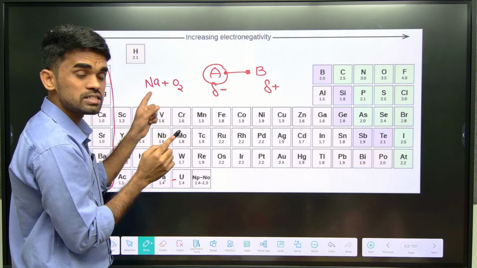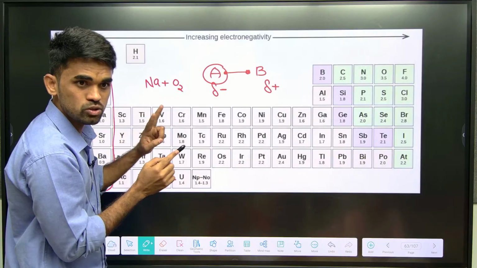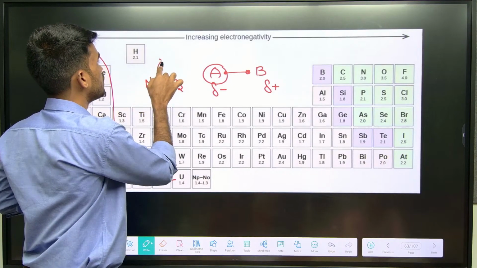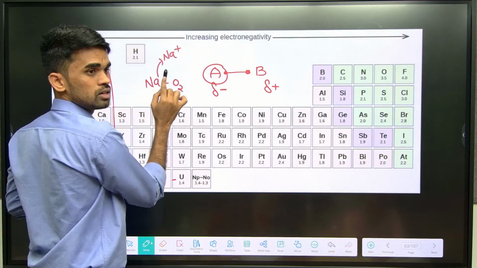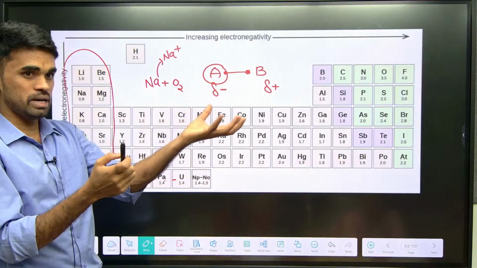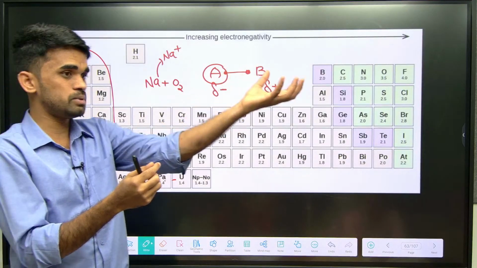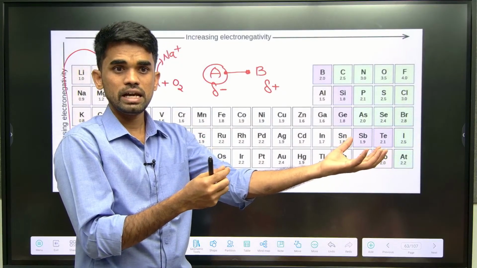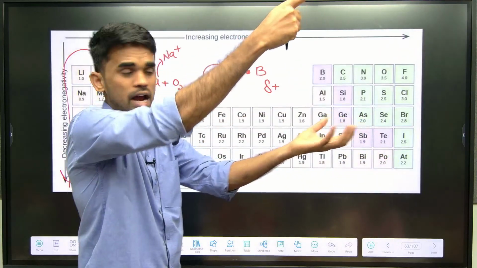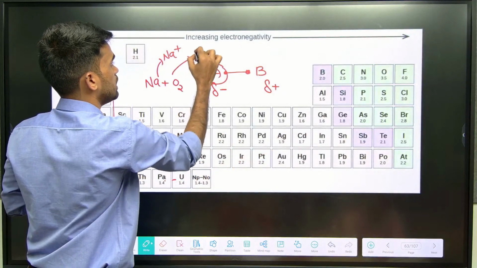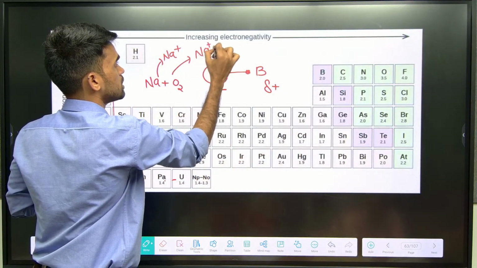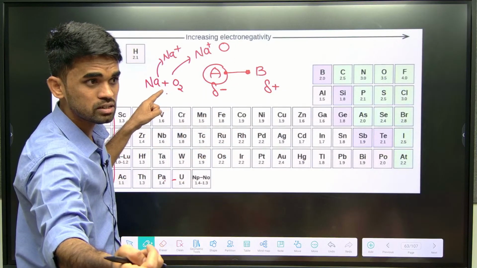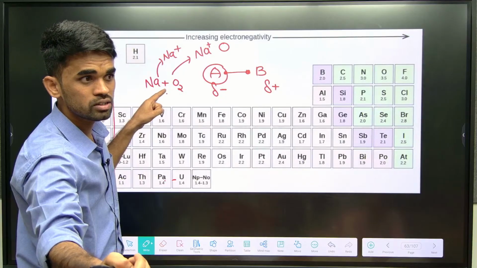This fellow will stay in which state? Positive state. How many extra electrons does it have? One. So it will now be Na+. So now I have sodium metal, and I have kept it in the atmosphere like air. Now what happens? It will react with the air and form oxides like Na+ O. But oxygen, just now I told you, what is the valency of oxygen? 16th group now.